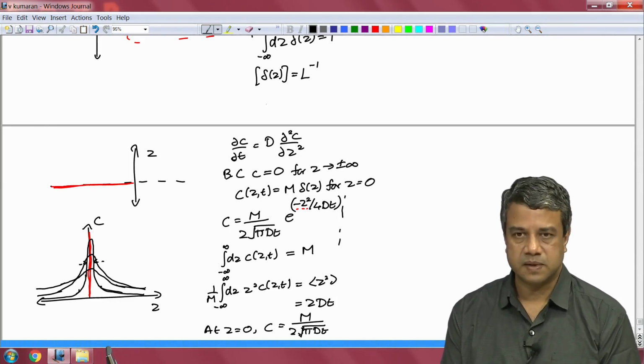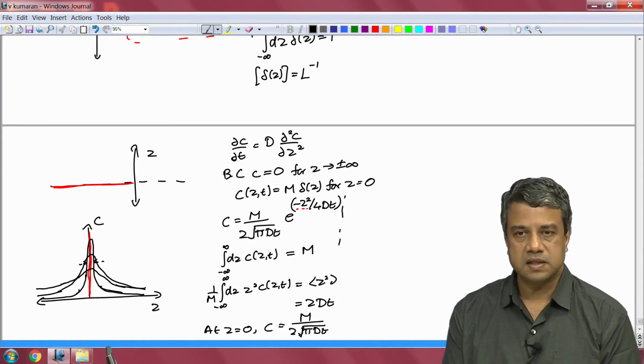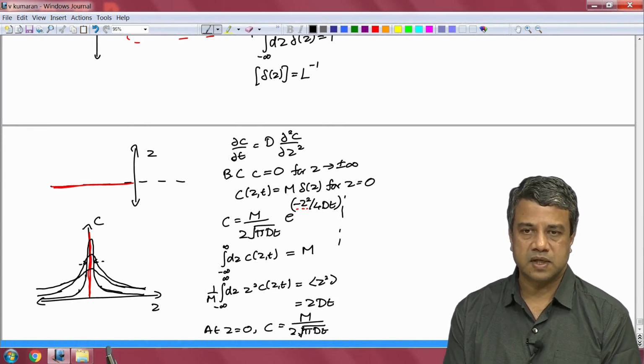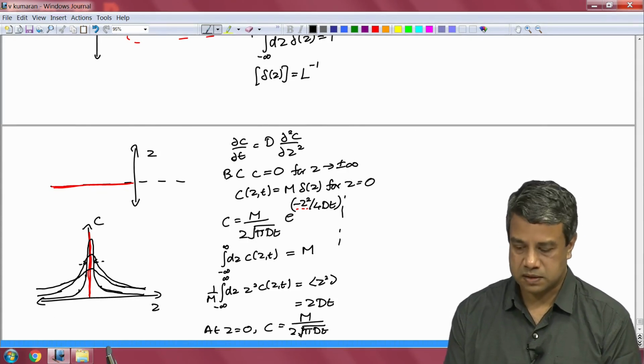So, that is how it spreads through a series of Gaussian functions whose variance increases proportional to time, standard deviation increases proportional to square root of t, and the maximum concentration decreases proportional to 1 over square root of t.